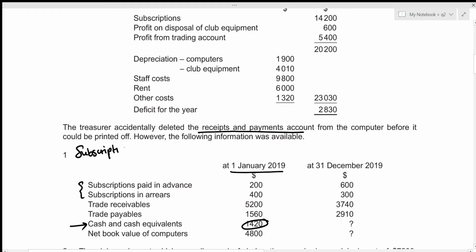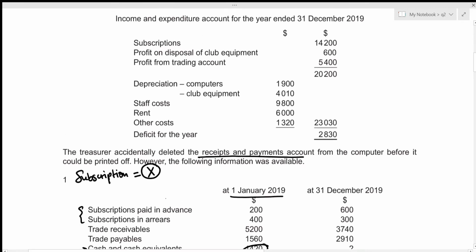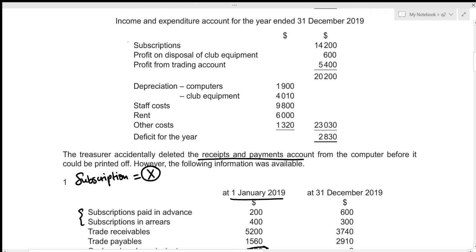And the subscription actually received, I'm just going to denote it with the variable X. Then we adjust all of our subscription in advance and subscription in arrears for our opening as well as closing date in order to figure out the actual subscription received for this particular year to be included in our income and expenditure account, right? Which is right here. So we can just form an equation.